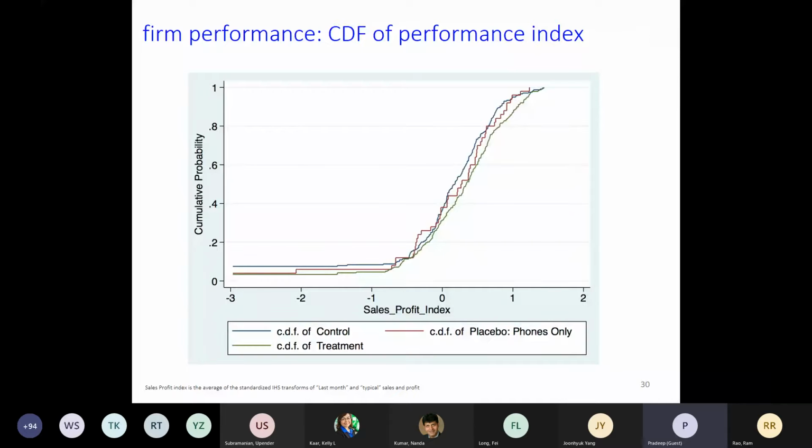And what you see here is that the frontier for the treatment group is shifted to the right, essentially showing that almost for the entire distribution of size, which in this case is being captured by the sales profit index, you see an improvement in the treatment group compared to the control group.